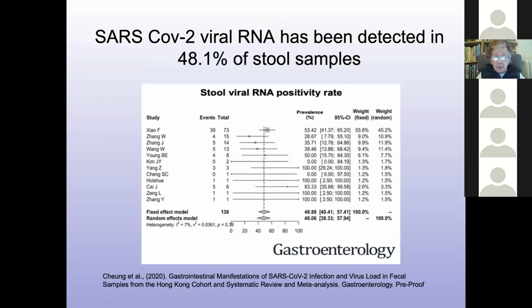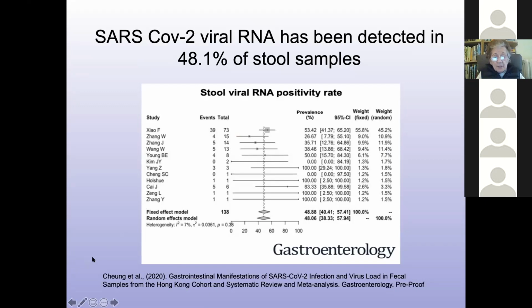It has been shown by others, this is the publication by Cheung et al. from a gastroenterology journal. The viral RNA can be detected in stool samples in almost every case tested.